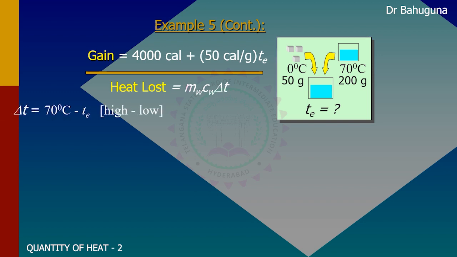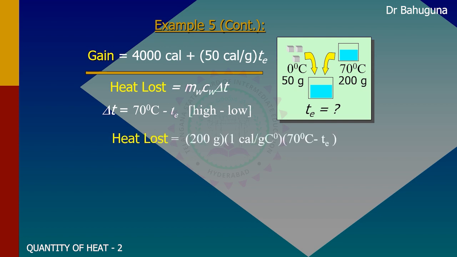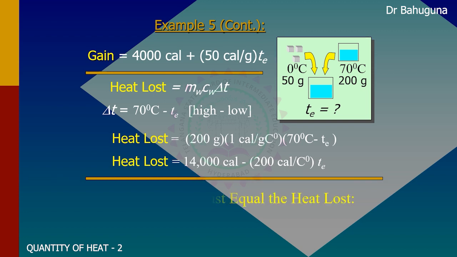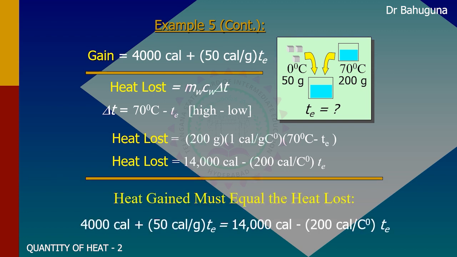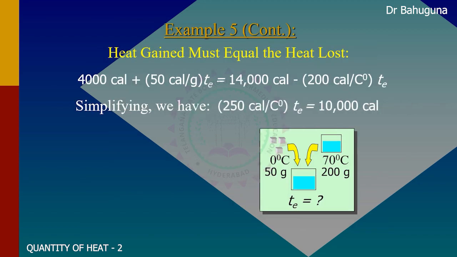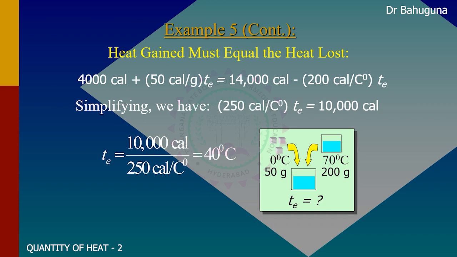There is only change of temperature for water, it is 70 degrees centigrade and resultant temperature is T_E. If you equate these two things and simplify, we can calculate the T_E value. So T_E is equal to 10,000 by 250, which is equal to 40 degrees centigrade. So the resultant temperature is 40 degrees centigrade.